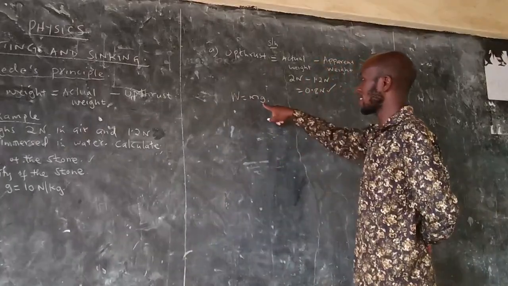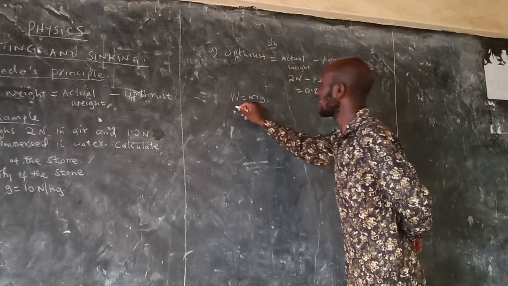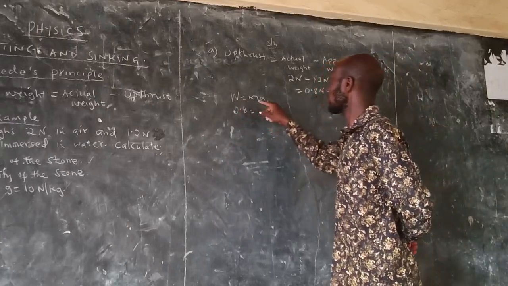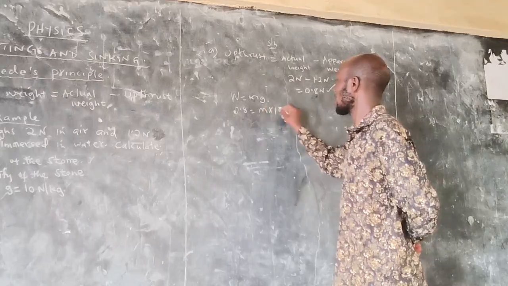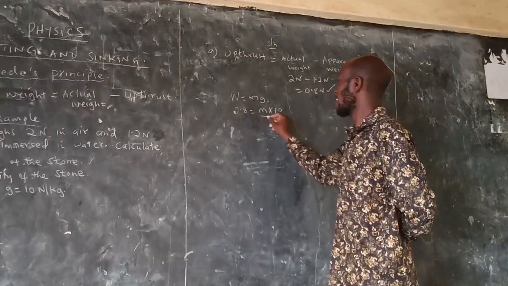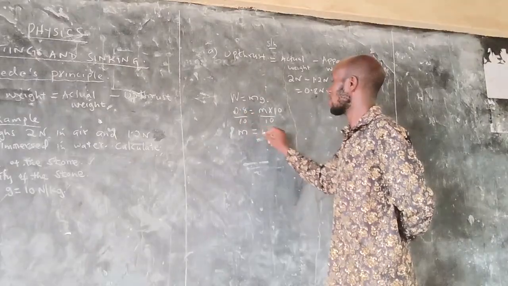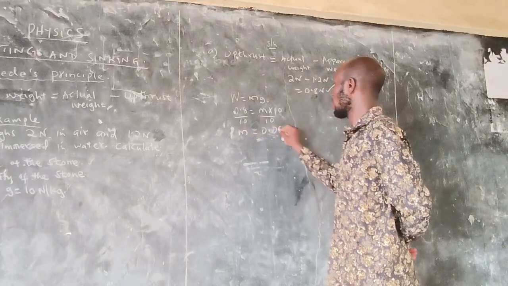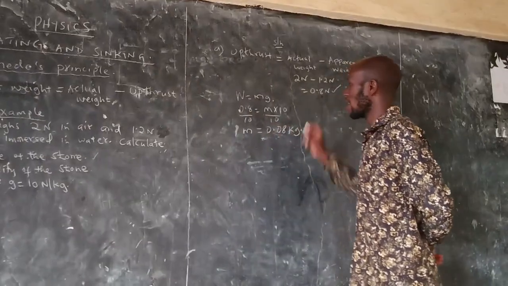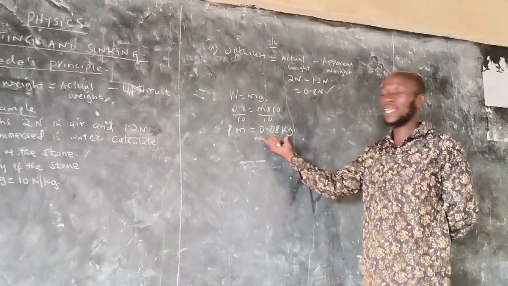And therefore, from this relation here, we can get mass. Therefore, we get 0.8 is equal to mass times acceleration due to gravity. And therefore, from here, we can divide by 10 both sides. We get mass is equal to 0.08 kilograms.